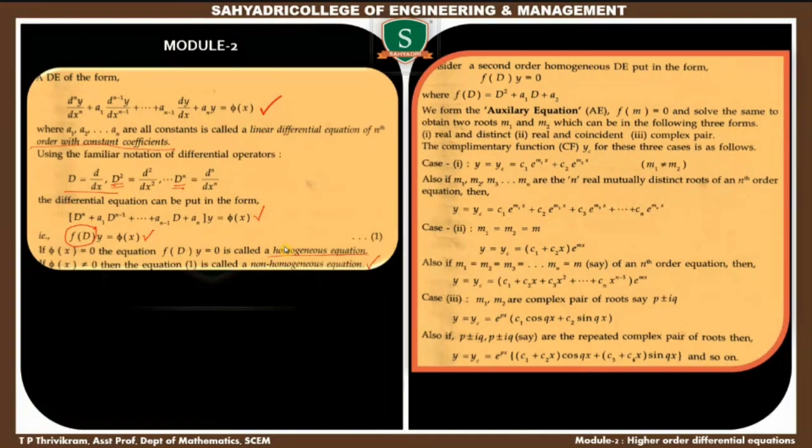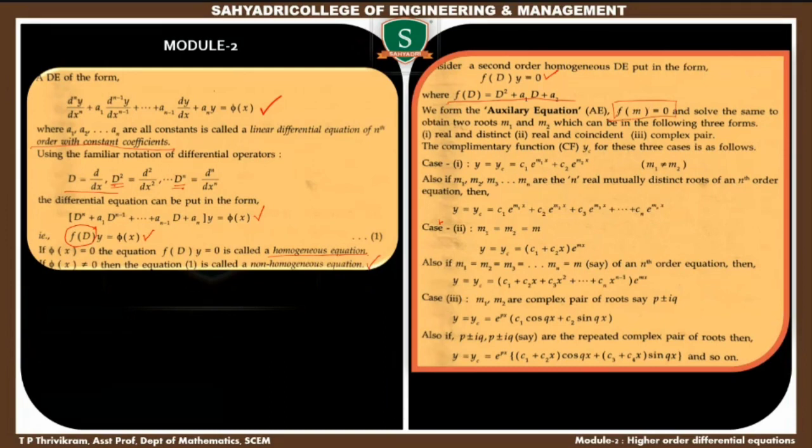This is the standard form of the differential equation, and it is written in operator form like this. In operator form, if you replace D with m, we call it the auxiliary equation in terms of m.